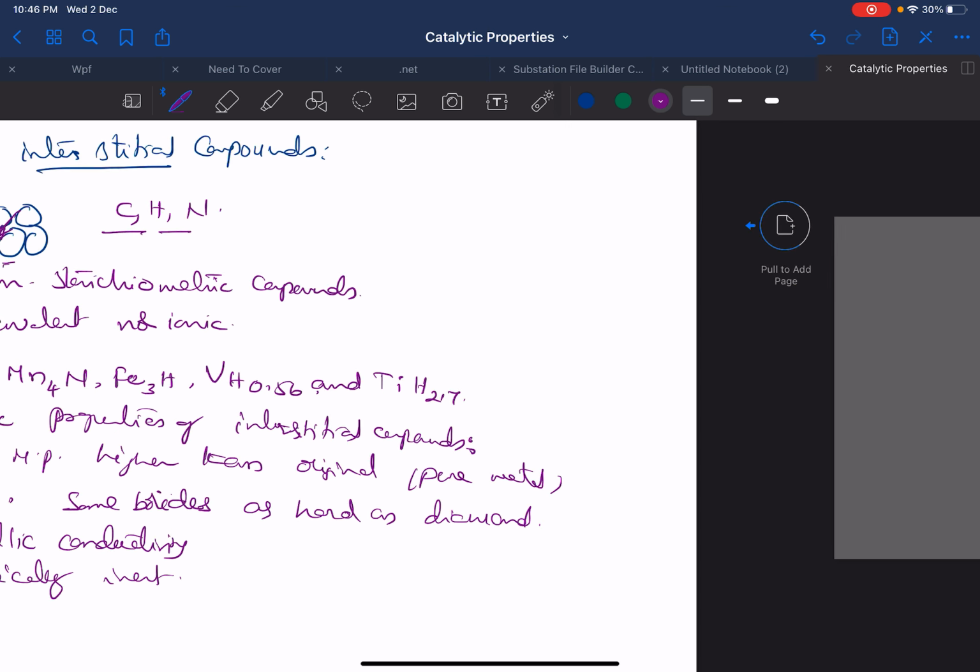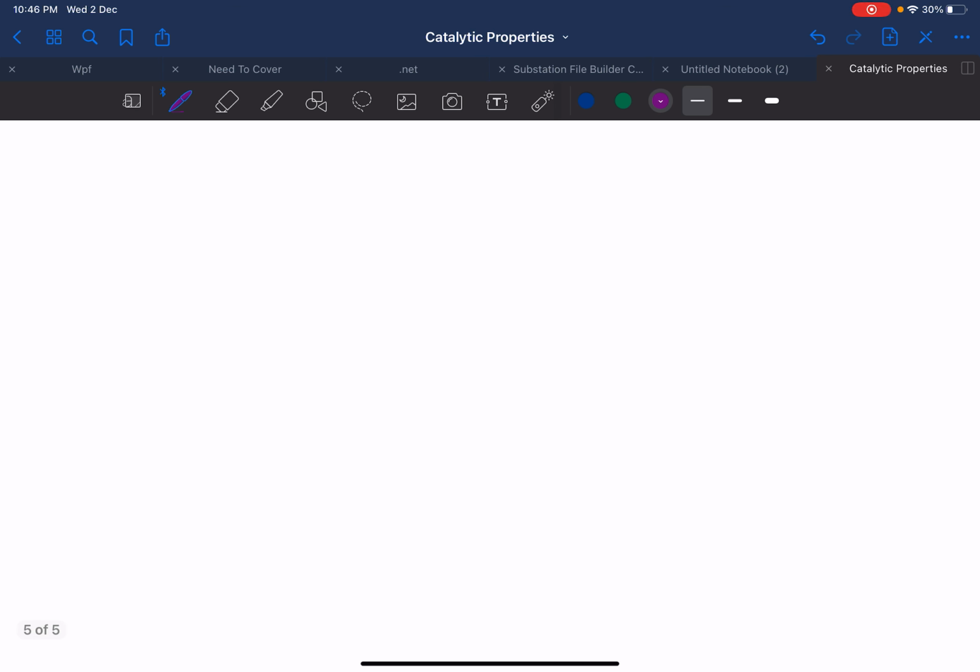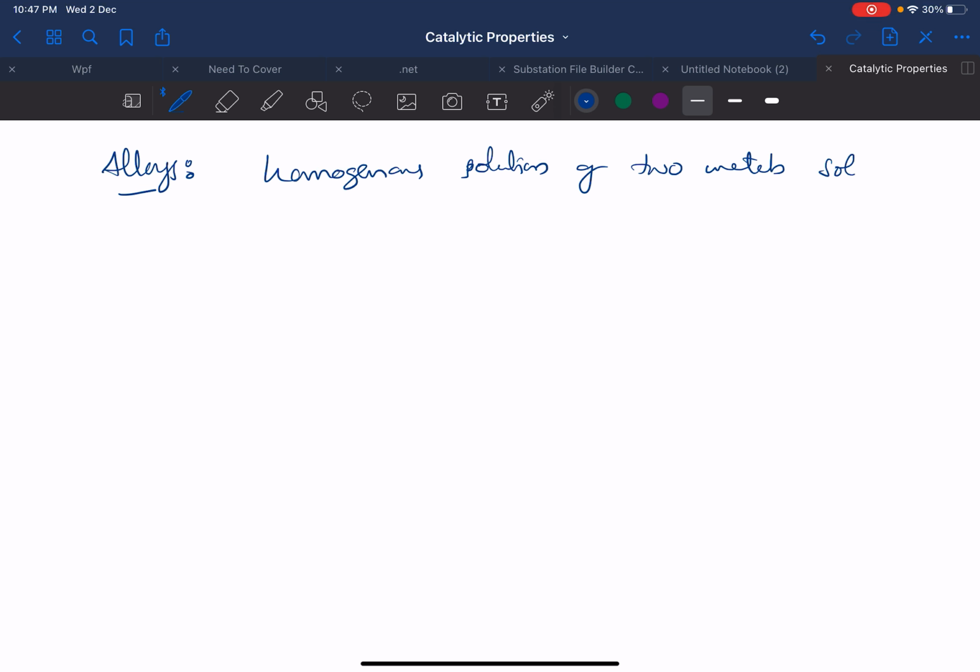And next is the alloys. What is an alloy? An alloy is a homogeneous solution of two metals, or a homogeneous solution of two solids.